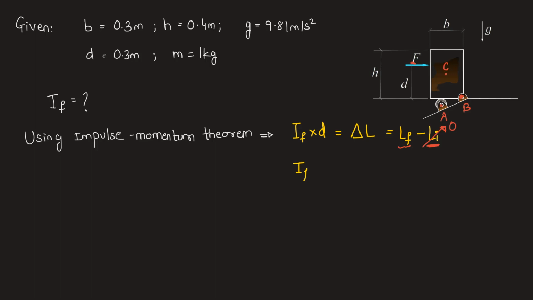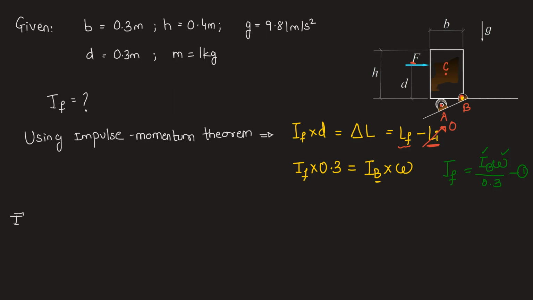So impulse IF into d, which is 0.3 meter, will be equal to LF, which is written as the mass moment of inertia of the block about point B, because rotation is happening about point B, into the angular velocity of the block omega. So in order to find out IF, we will require IB and omega both divided by 0.3. So let this be equation 1. Once we find out IB and omega, we can substitute it here and find out IF.